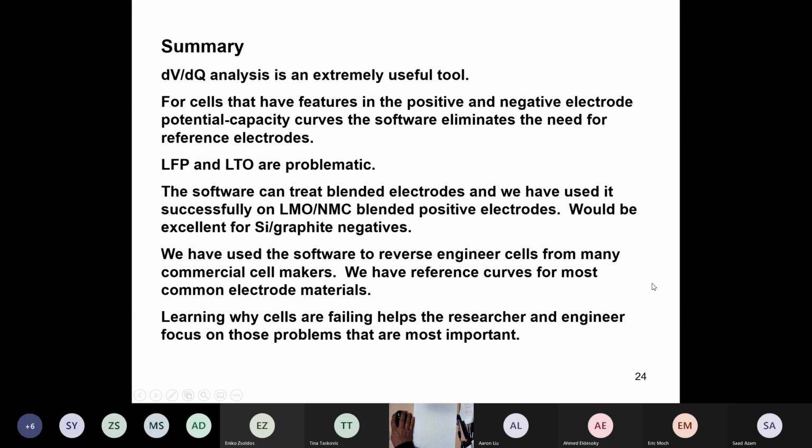Okay, so anyway, that's the end of this. Next week we'll start on aqueous lithium-ion cells. I'll give the first part of that, then Michael will take over, and then Chong-Yin will take over. I think it could take us most of the week to get through it. Not sure.